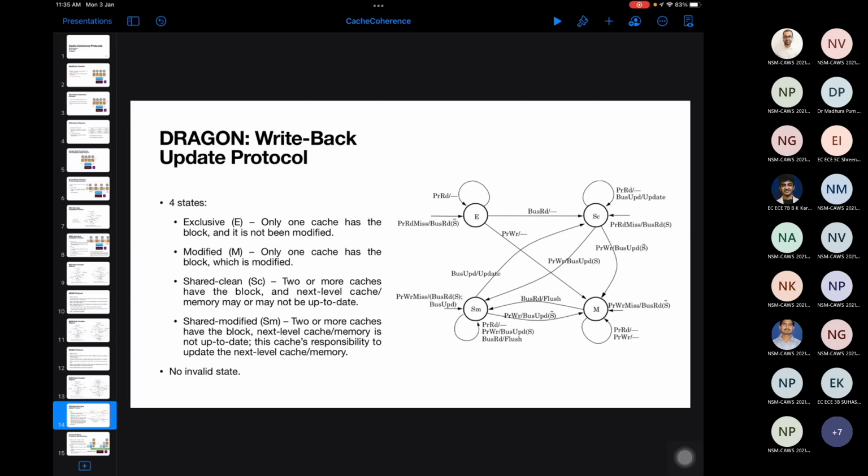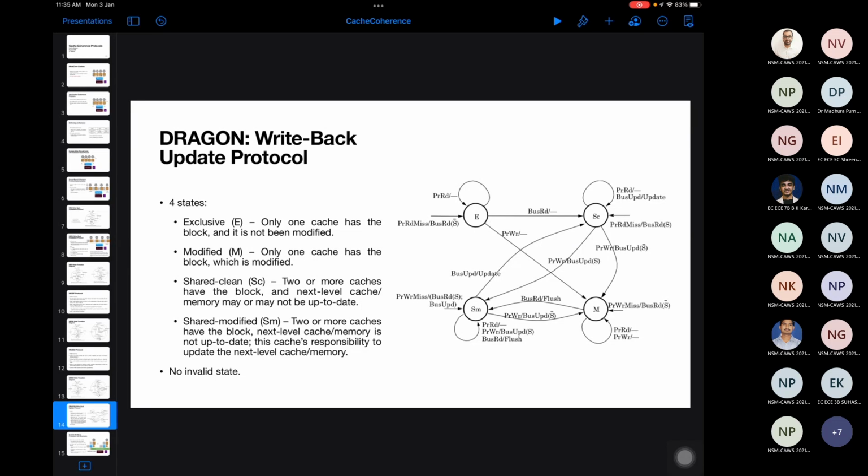If none of them have a copy, you keep the block in E state. If someone has a copy, you keep the block in SC state. If you see the top inward arrows to E state and SC state, there is again S bar and S, similar to the MESI protocol we considered. So depending on whether others have the data or not, we put the data in E state or SC state.